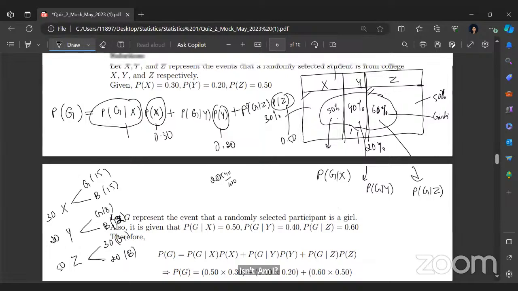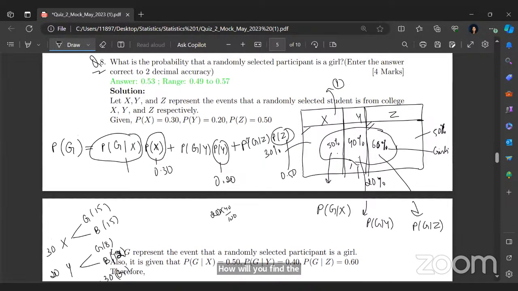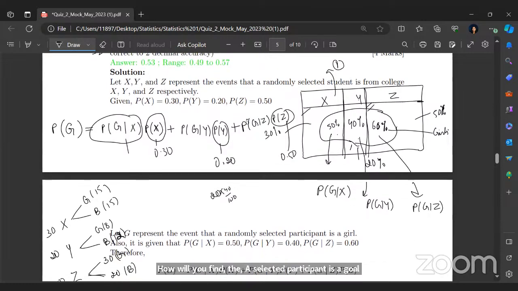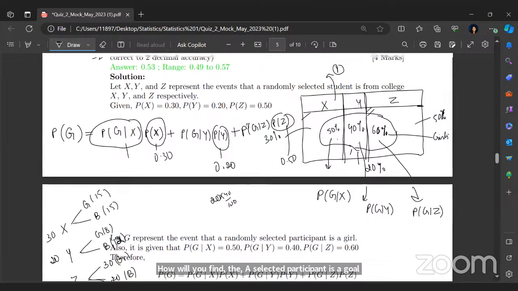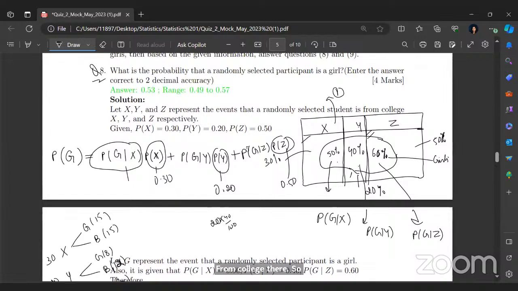How will you find the probability that a selected participant is a girl? I'm talking about question number 8. Like any person you select randomly, what is the probability that it's a girl?